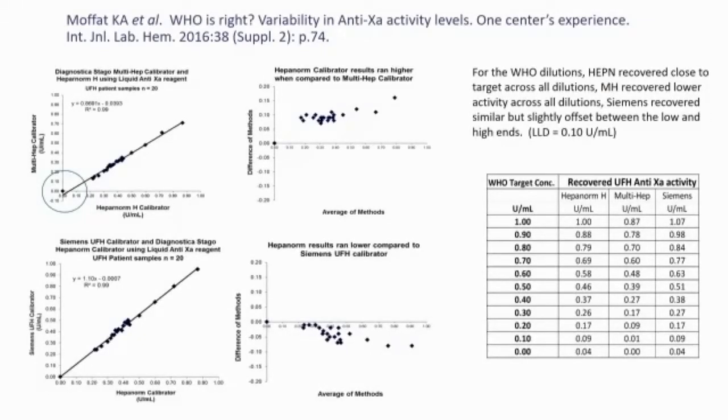The third calibrator was a little bit off. It was higher at the high end and lower at the low end, so it really didn't make a lot of sense. But the reason I'm highlighting this is to understand that each calibrator from the various manufacturers does perform differently. Chances are you're using the same lab for your anti-10A measurement, so it's an internal consistency that you need.